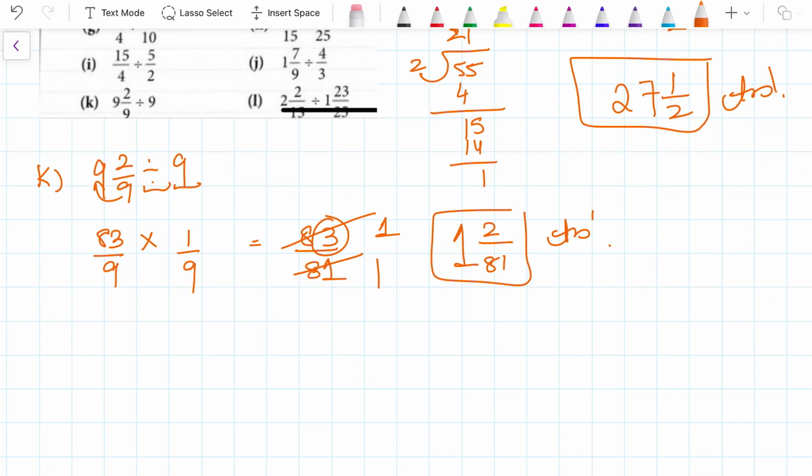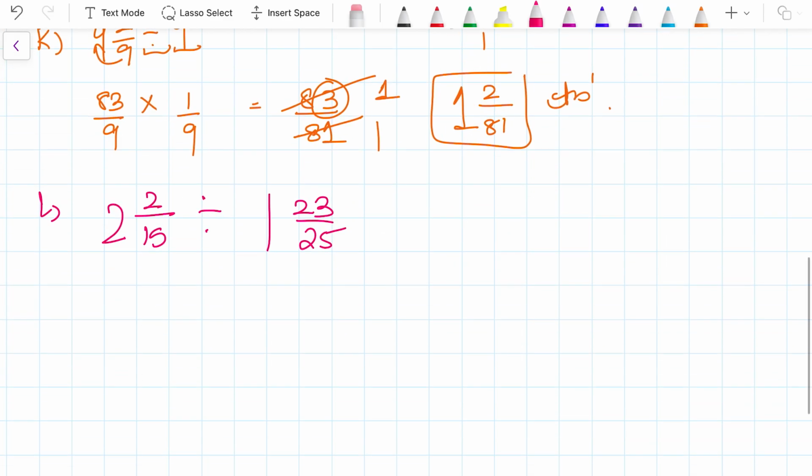Let's take the L part. The L part says 2 whole 2 upon 15 divided by 1 whole 23 upon 25. Convert them into improper fractions. 15 into 2 is 30. 30 plus 2 is 32 upon 15 divided by 25 plus 23, which gives you 48.